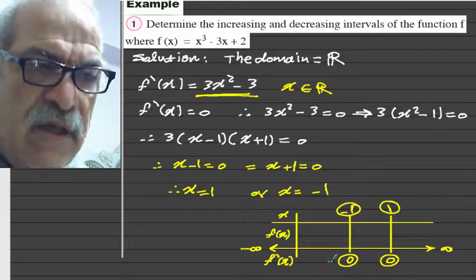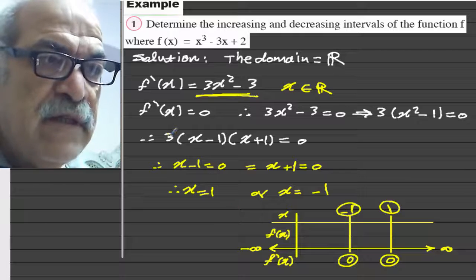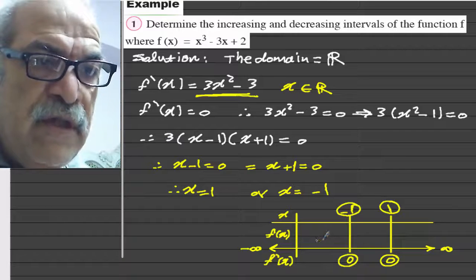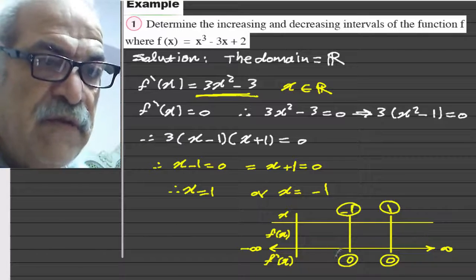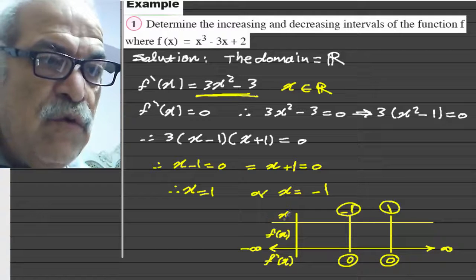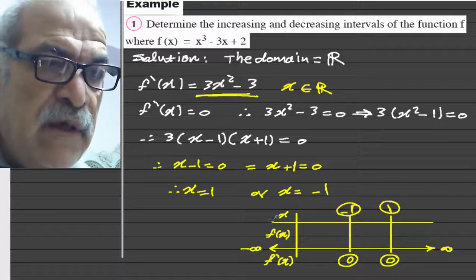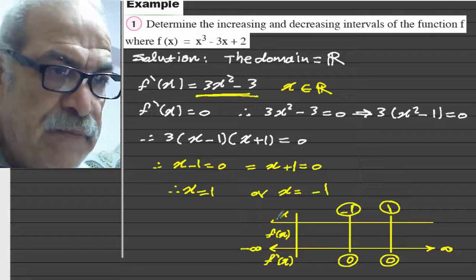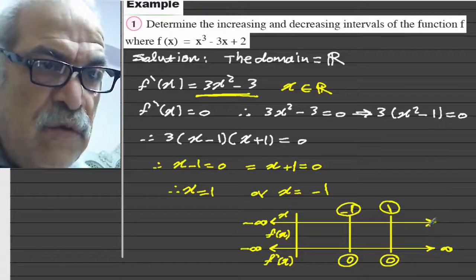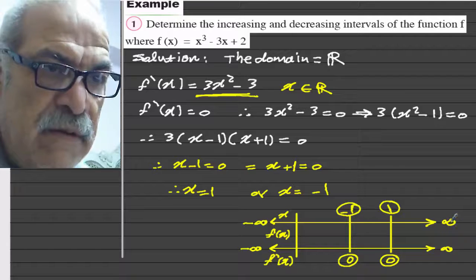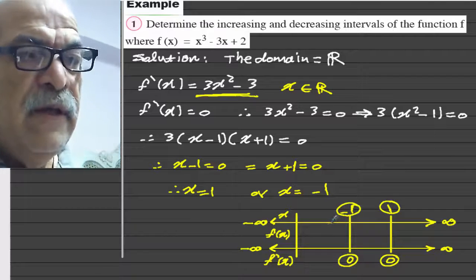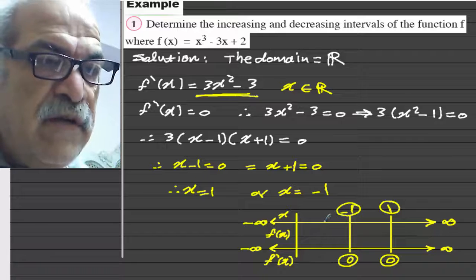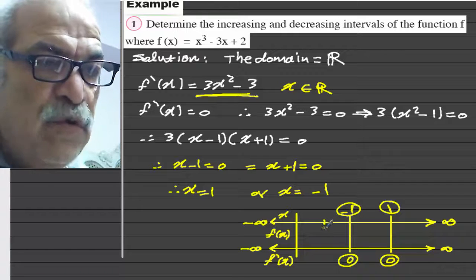We determine the sign of f dash of x through these three intervals, from negative infinity to negative 1 here. And we will choose a number lying on this interval, like negative 2.